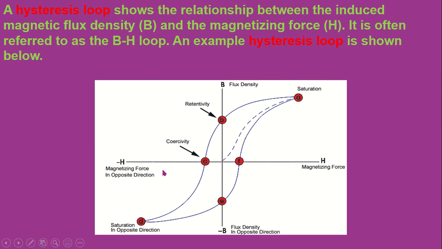By applying magnetizing force, the magnetic field intensity of the substance increases, but when the magnetizing force becomes zero, the substance does not lose its magnetism fully.